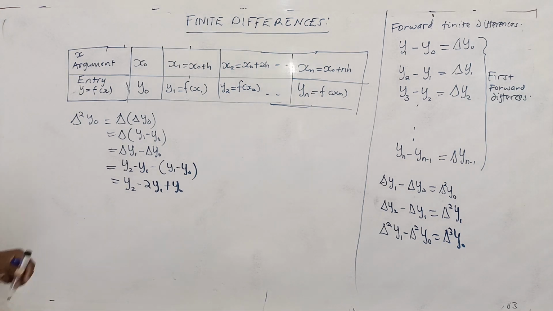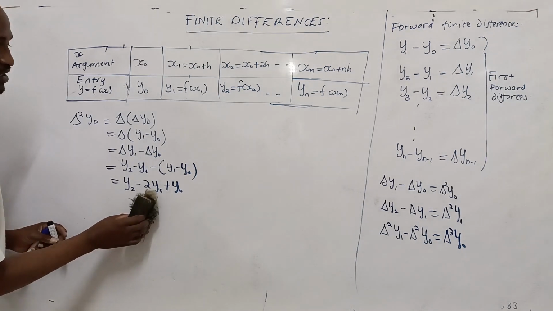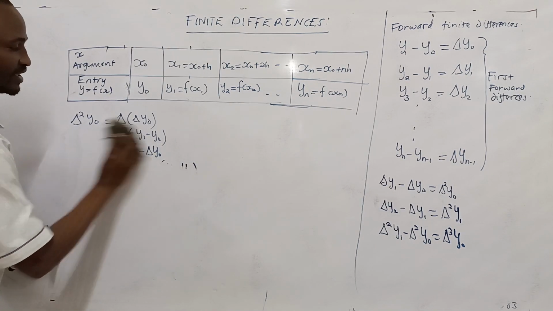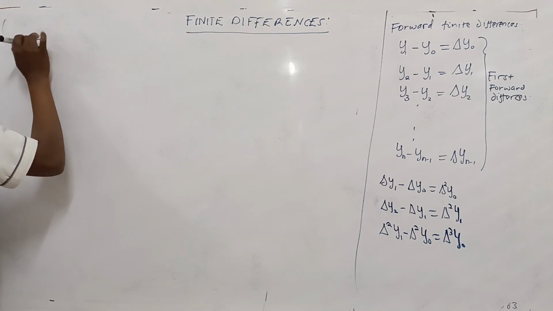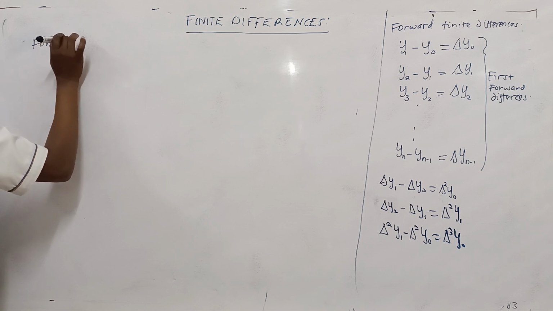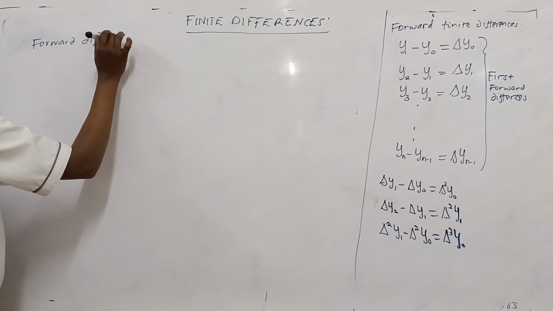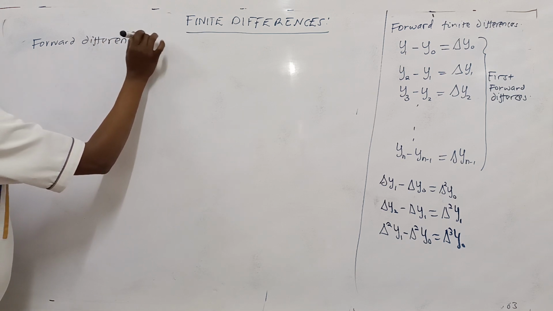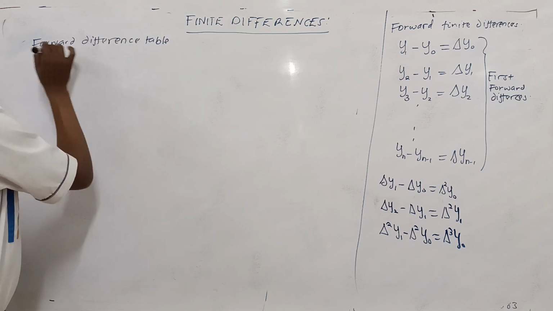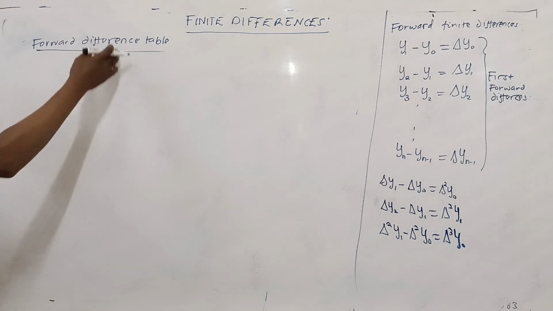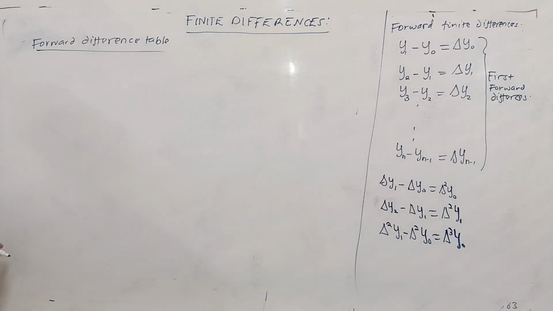Now, from whatever we have discussed, I want us to create a finite difference table. We are going to start with the forward difference table. These are actually finite difference tables, but this one is for forward. Sometimes you can be told to create a finite difference table, so they may mean the forward difference table or the backward difference table.